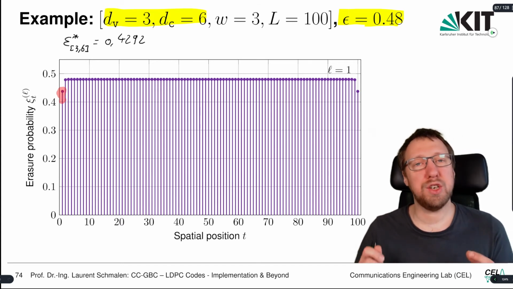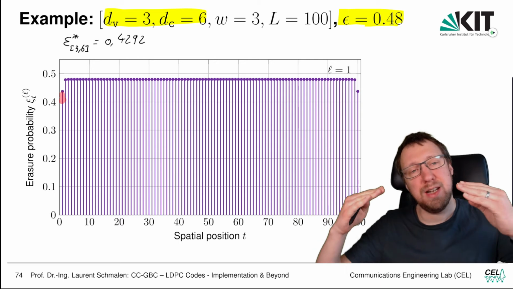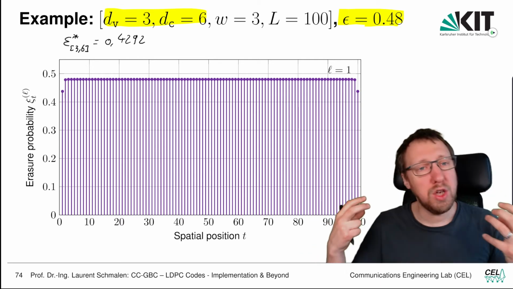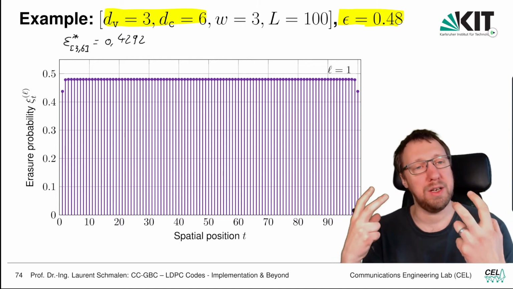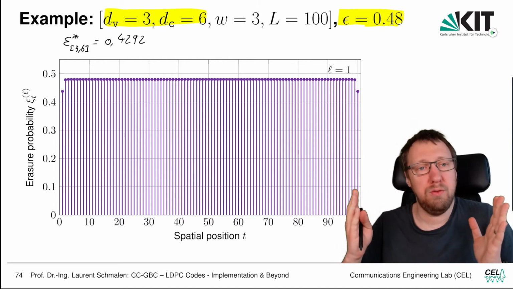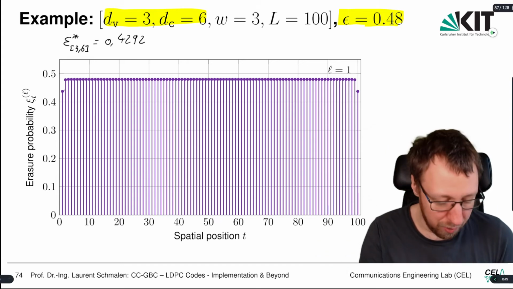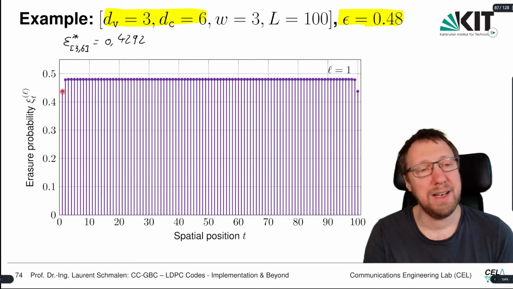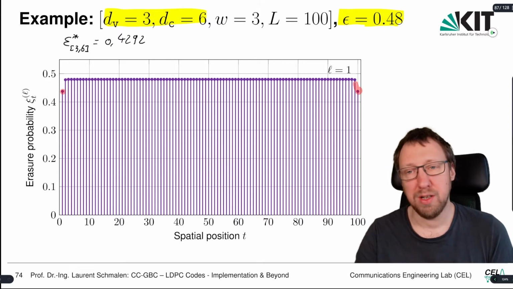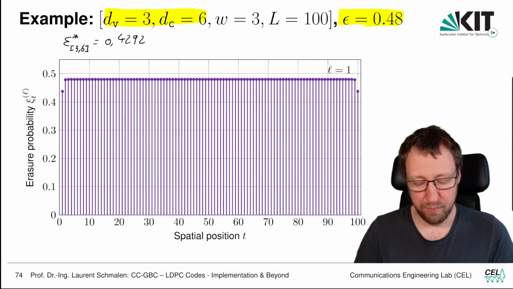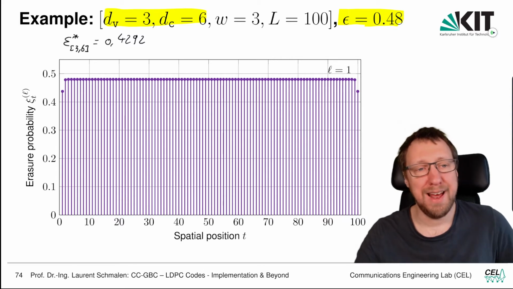This is because the check nodes at the boundaries are slightly smaller and they get information from the virtual nodes. So the virtual nodes inject their perfect knowledge. They say virtual positions are equal to 0, we don't transmit them. They inject this knowledge, and therefore the first spatial position has a slightly better erasure probability, and the last one has also a slightly better erasure probability. Very nice. So we look ahead, we look at what's coming next.